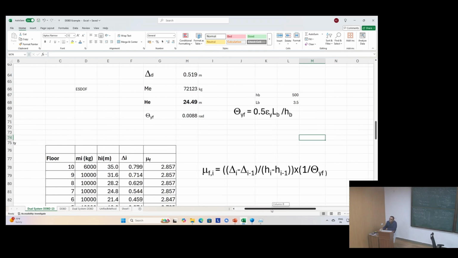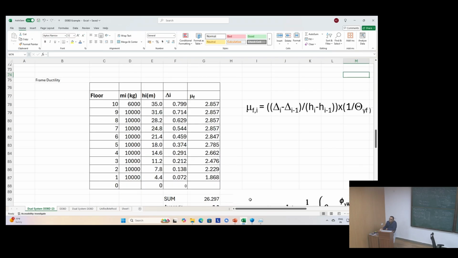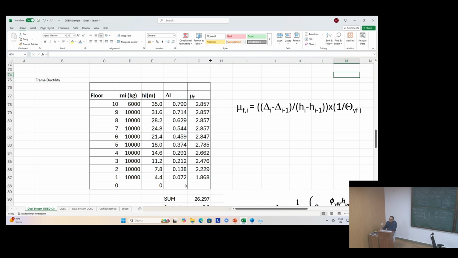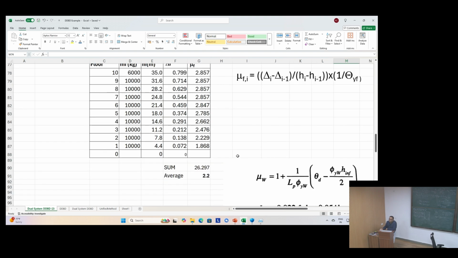That would imply that your ductility for your frame will be altered also. You have a higher ductility now, and your average is 2.57.